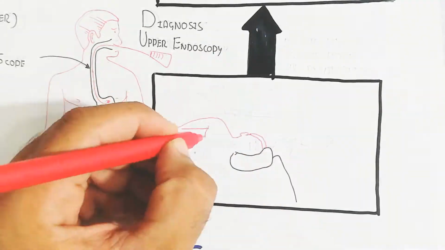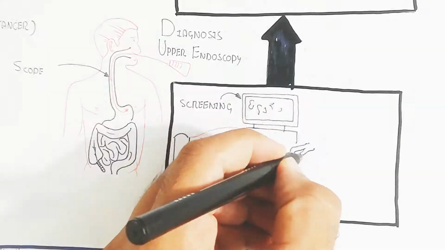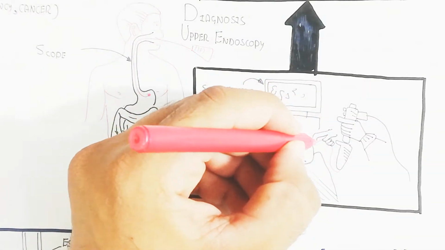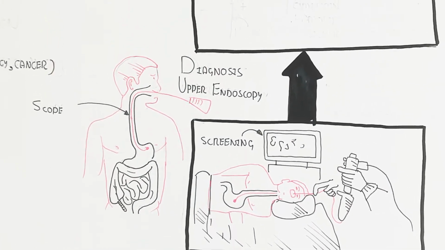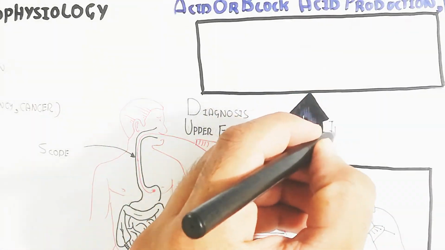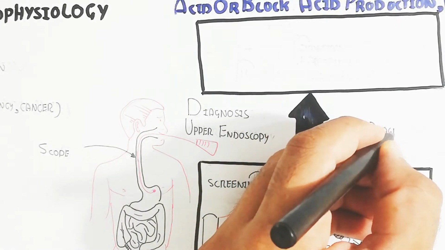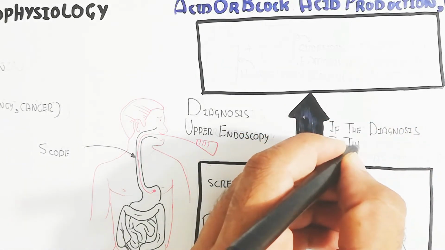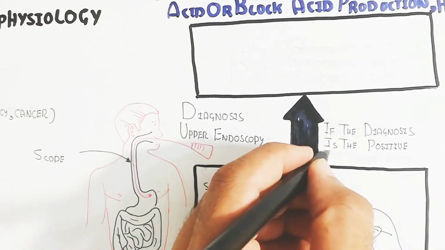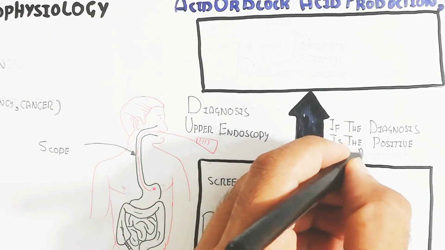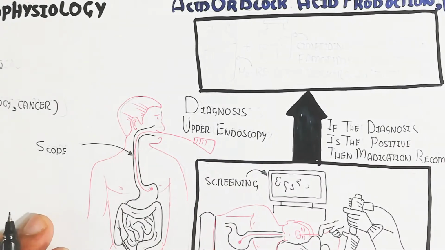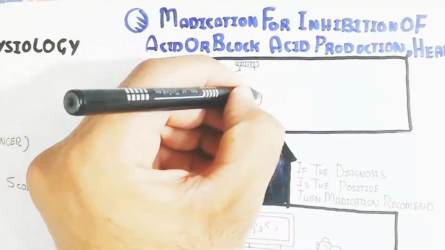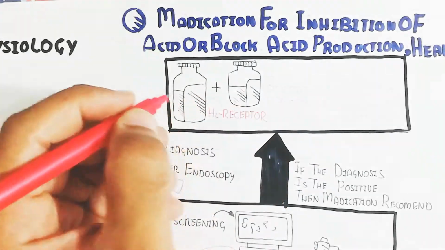On the other hand, through visual screening, after passing the endoscope on the wire, a camera shows the structure of the stomach, and we can understand. If the diagnosis is positive, then medication is recommended. If negative, then the complication is different.